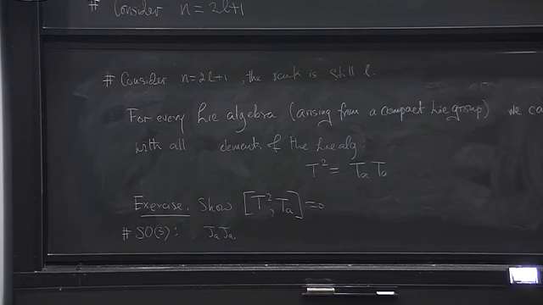Do you know why you need a compact Lie group? Because Lorentz is not compact. Yes, that's why I'm not defining this for Lorentz. I don't know what the form is exactly, it's probably more complex. That has something to do with why we cannot quantize gravity.